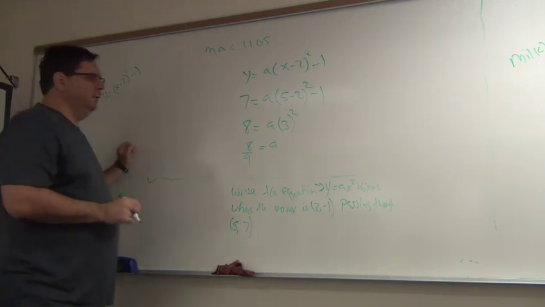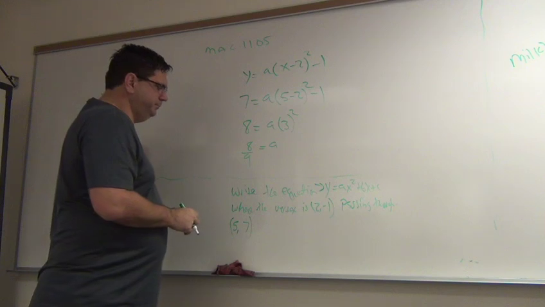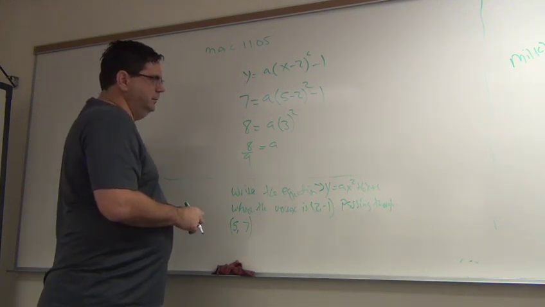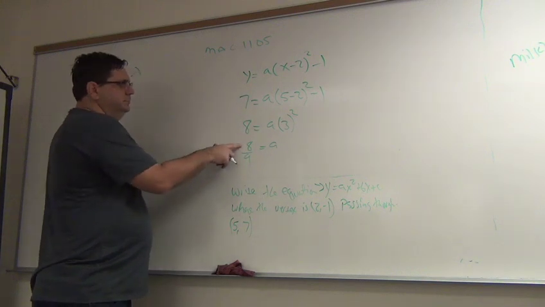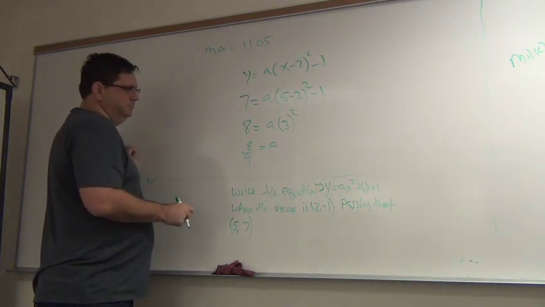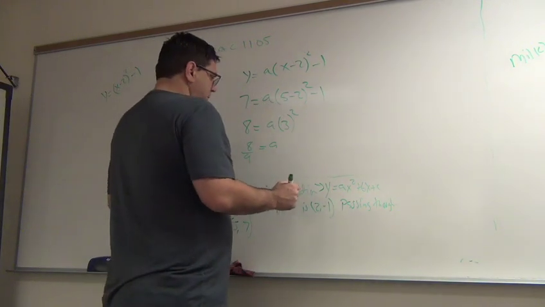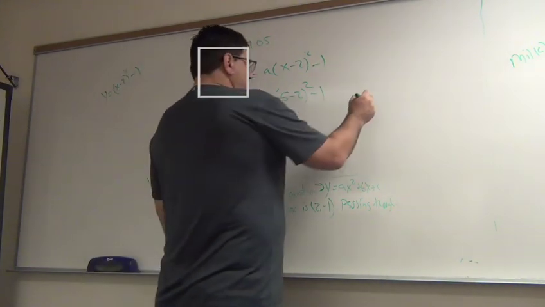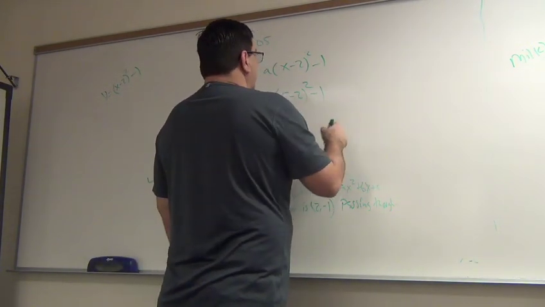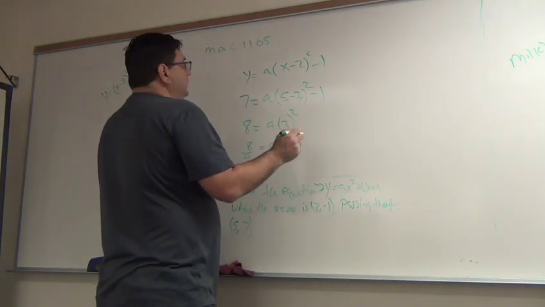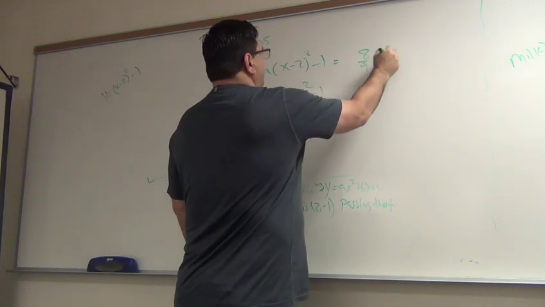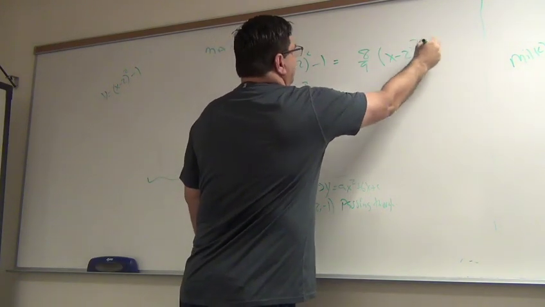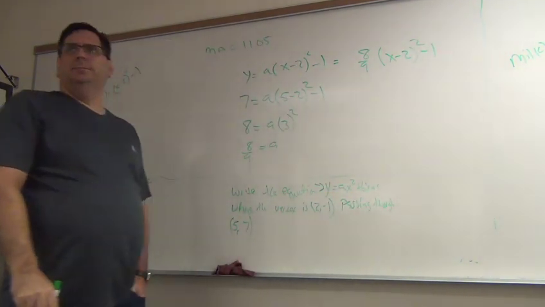Okay. Now, how do you get the final answer? It's 8/9 times (x minus 2) squared minus 1. Do we agree?